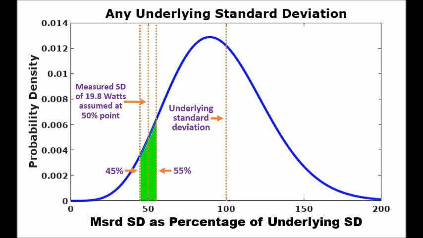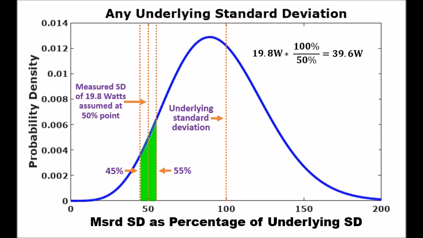In this case, our underlying standard deviation with a relative value of 100% would be 100 over 50, or twice as large. Hence, we would infer that our underlying standard deviation would be 2 times larger than our measured standard deviation of 19.8 watts. Like this.